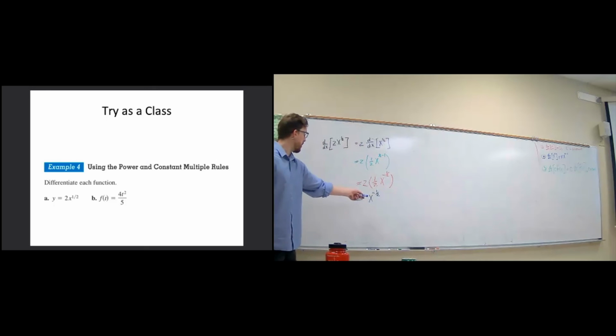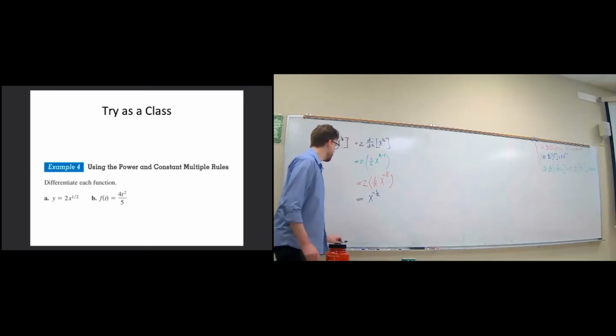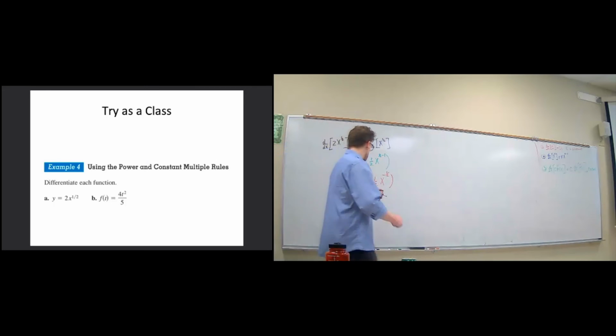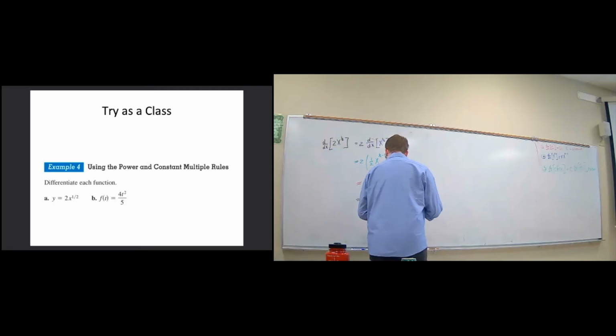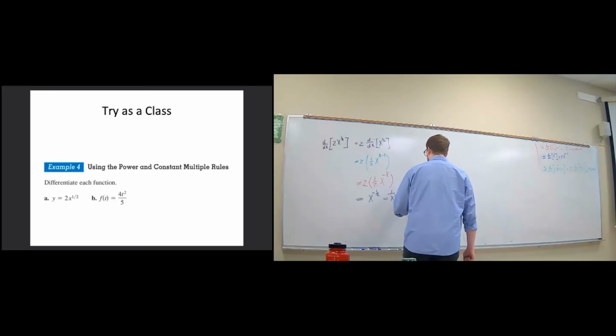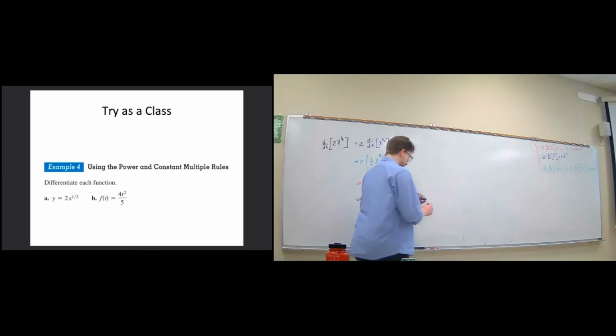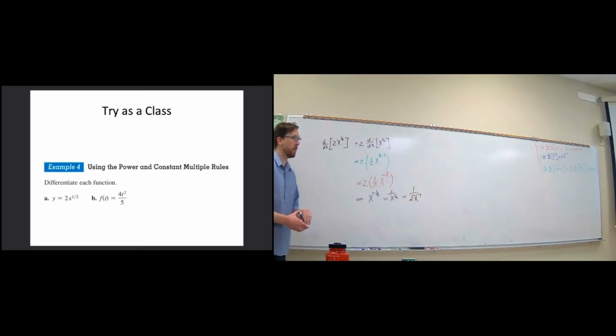And we can rewrite this, if we wanted to, as 1 over x to the 1/2, or 1 over the square root of x. Would either of those answers be correct, or just one?